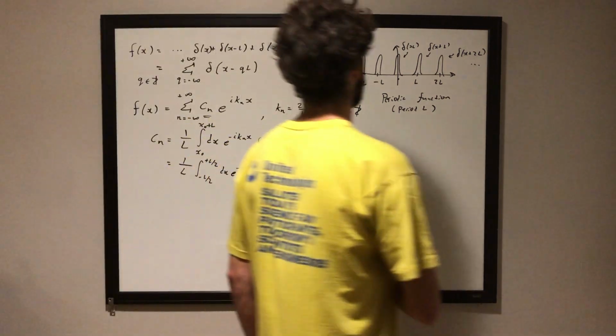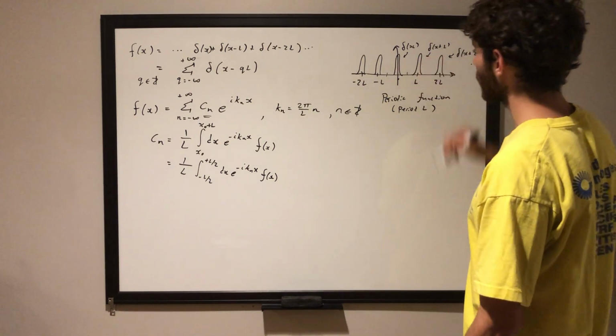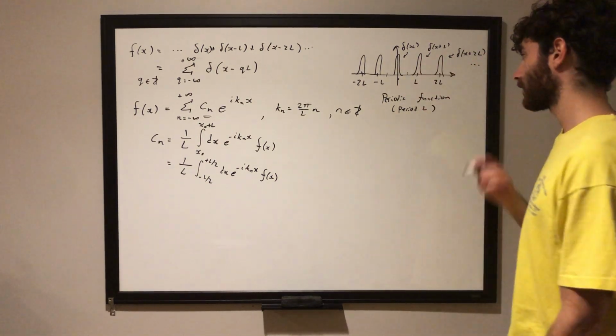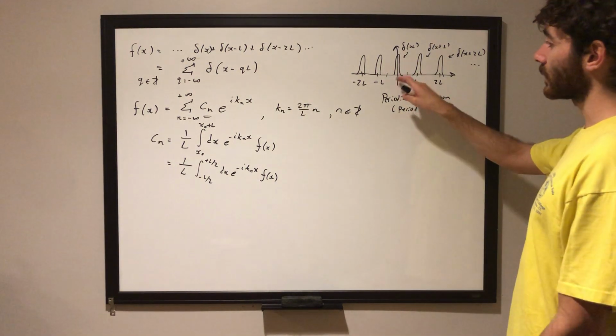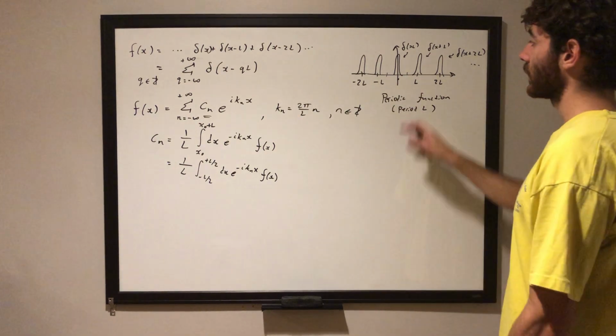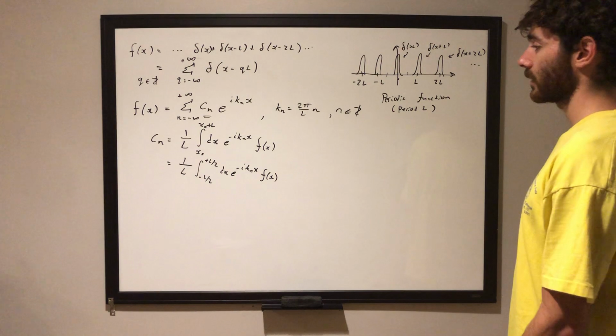So we are integrating from here to here, and within this window, actually only one of these delta functions is non-zero. It's the one given by delta of x.